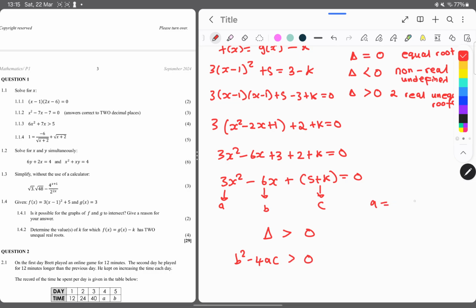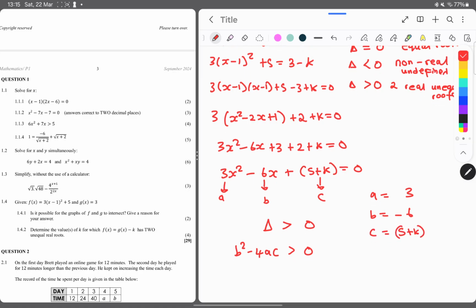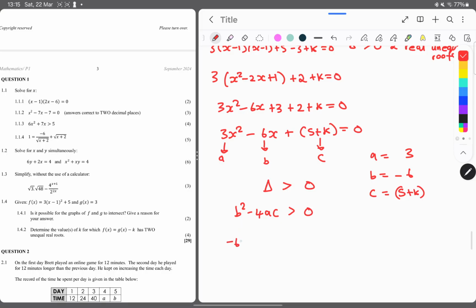A equals 3, b equals minus 6, and c equals 5 plus k. Which means you have minus 6 squared minus 4 times 3 times (5 plus k) must be greater than 0.